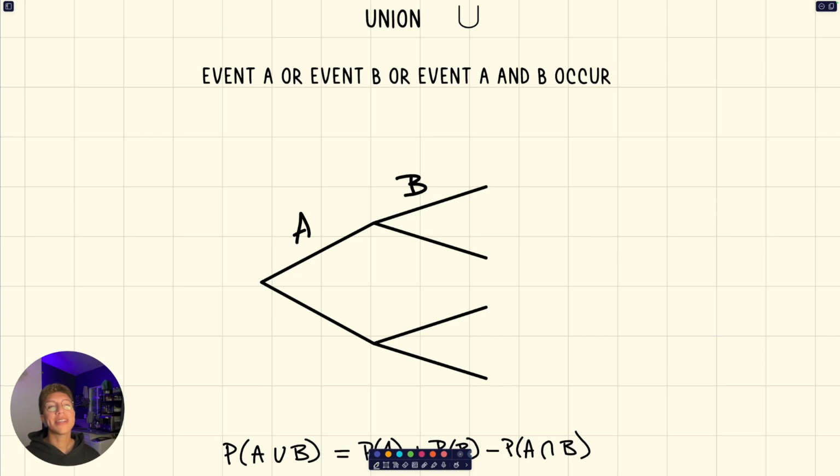But once we get down to conditional probability, we're going to see that this is not actually B.